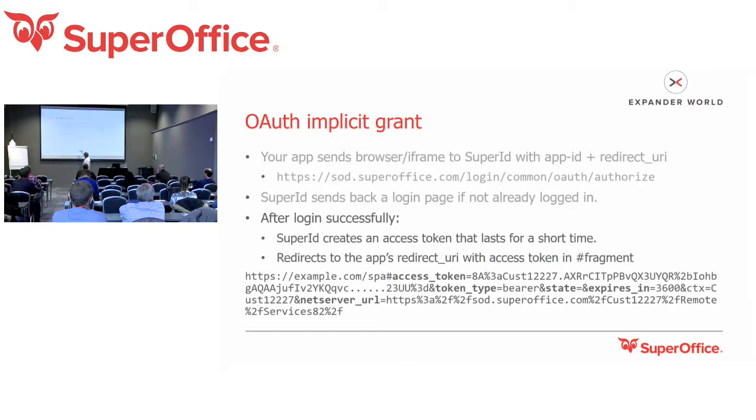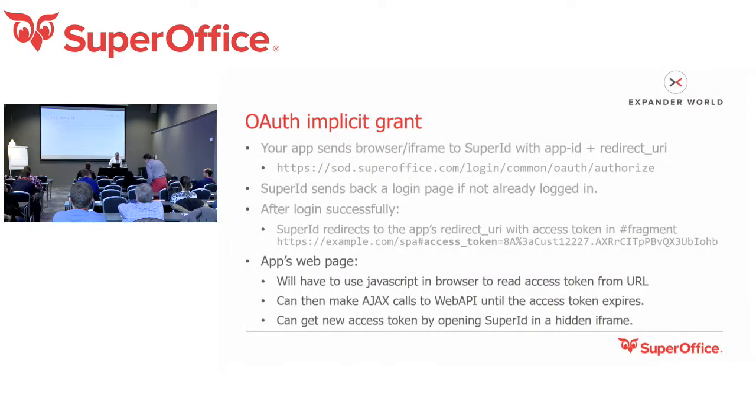So you can go, okay, here's my access token, here's when it expires, here's my customer ID and where I can find the endpoints to talk to, and so on.